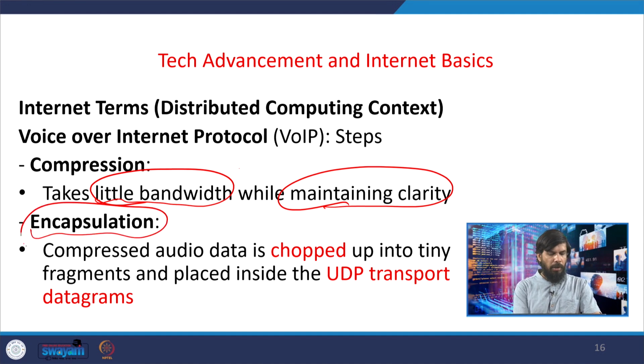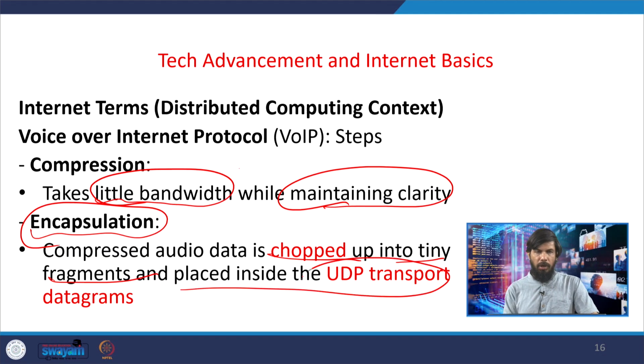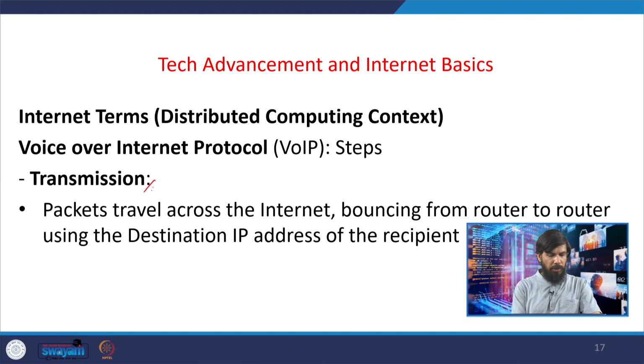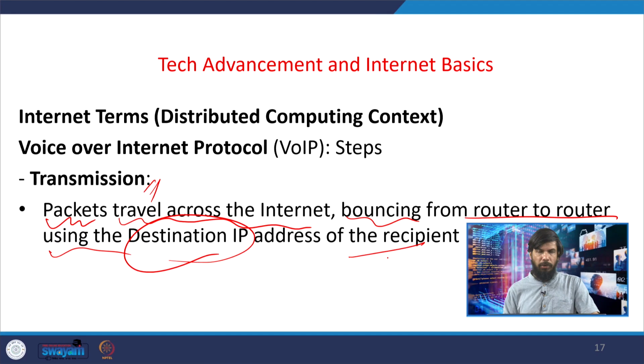Then the next step is encapsulation. The compressed audio data is chopped up into fragments and placed inside UDP transport datagrams. So, it is UDP that comes into the picture after the chopping of the audio data, and UDP then does the faster delivery of this data. Then the transmission takes place. The packets travel across the internet, bouncing from router to router, using the destination IP address of the recipient.